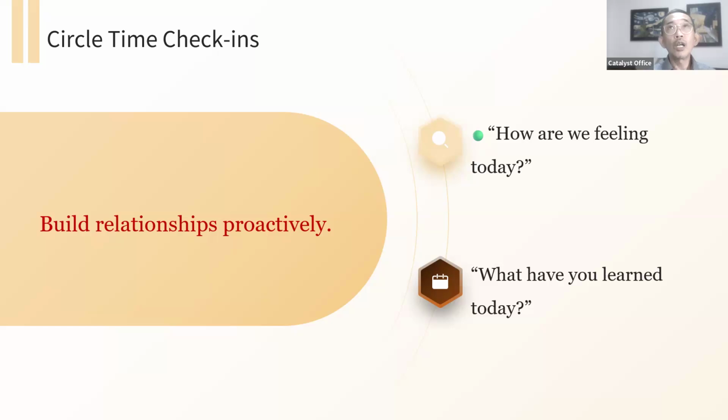So you are, in effect, detaching yourself from the offense that was committed by the student, and at the same time, you're able to make the student feel that, oh, my teacher is still concerned about maintaining a good relationship with me, despite the fact that I committed an offense. Okay, so that's how you build your relationships proactively.